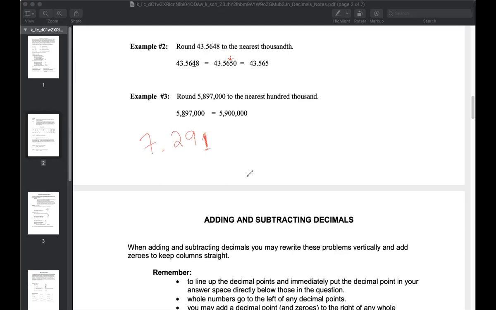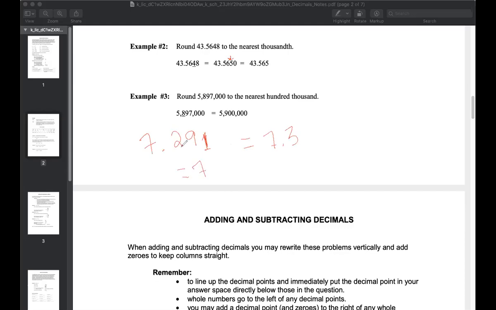What would that number be rounded to the nearest tenth? 7.3. Perfect. What if I rounded this same number to the nearest 1? It'll just be 7. Perfect.